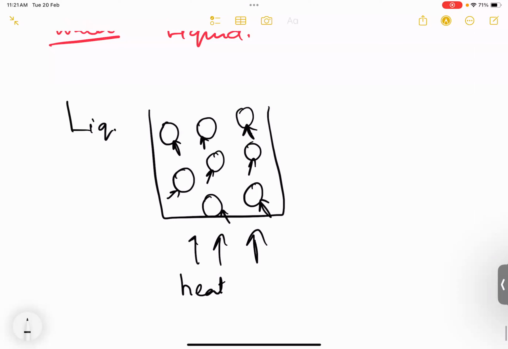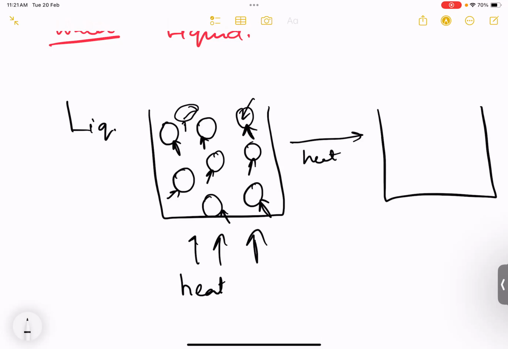Now when they get energized, they start moving. They get so much energy that they start moving here and there, they start colliding, and very soon, in the presence of heat, we will see that some of these atoms escape out in the form of gas. The atoms are escaping out, and there would be more space here.